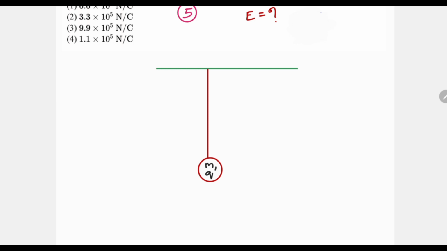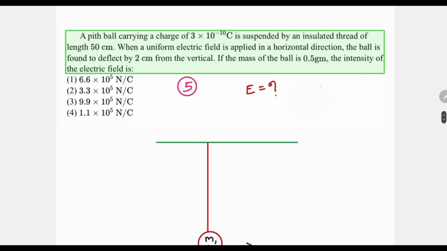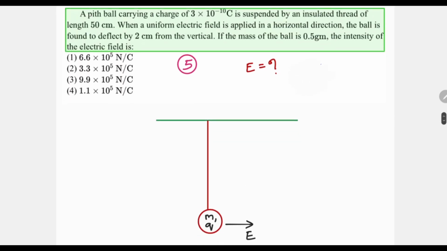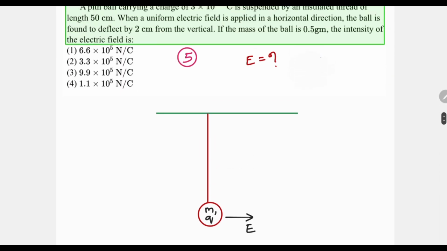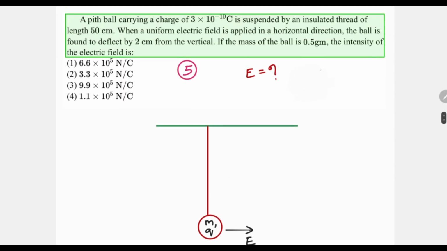Two parameters are given. Now they are given an electric field E. Question is like that. When a uniform electric field is applied in a horizontal direction, so that's why I have shown here. In this situation, the pith ball got deflected, and the deflected position I can draw like this.